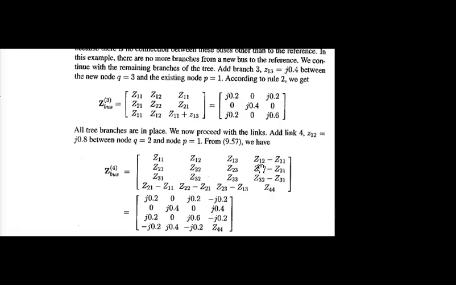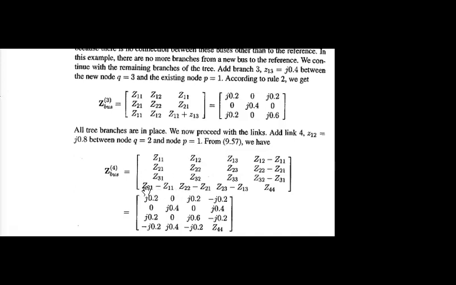For example, Z12 minus Z11, based on this P and Q. Column Q minus column P will give us the new column information.